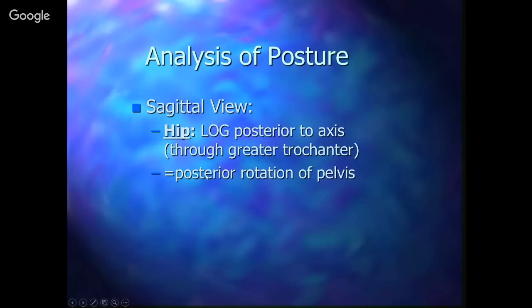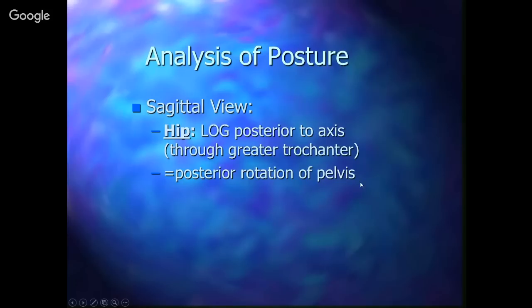This might be new terminology to some. Remember, we're talking about proximal moving on distal. What makes up our hip joint? The hip is made up of the pelvis and the femur, right? But because we're in closed chain, it's a proximal on distal movement. So if the pelvis moves posterior, the term is posterior rotation of the pelvis.